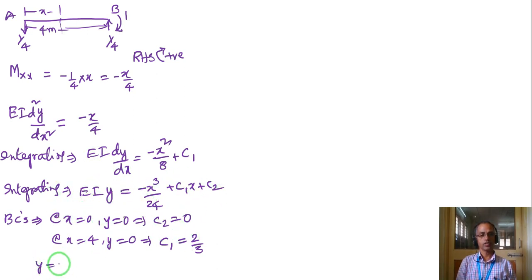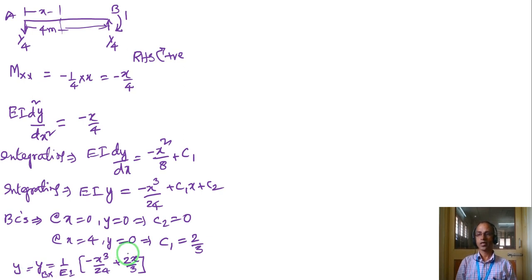So y is equal to 1 by EI times minus x cube by 24 plus 2x by 3. This is also called YBX.